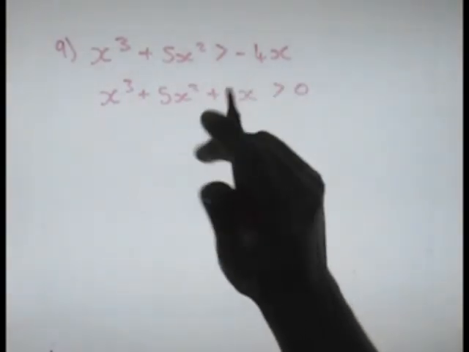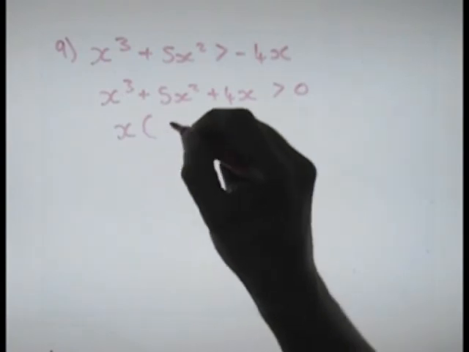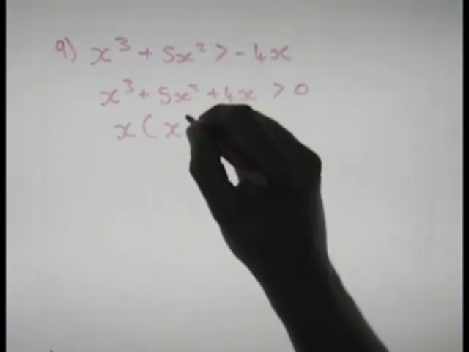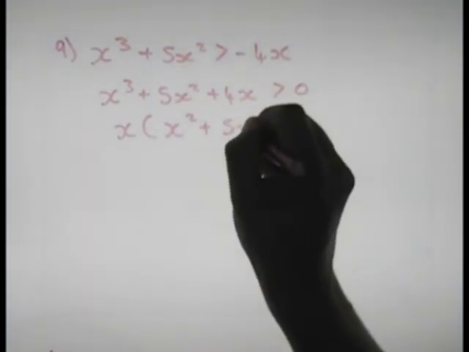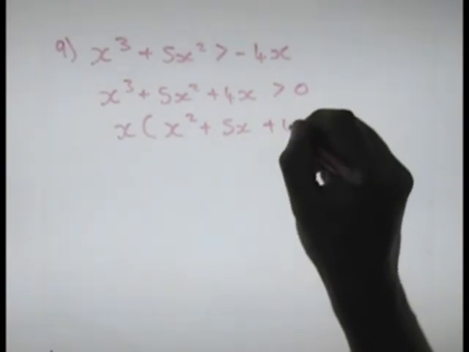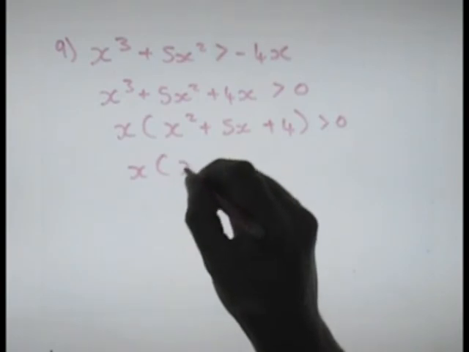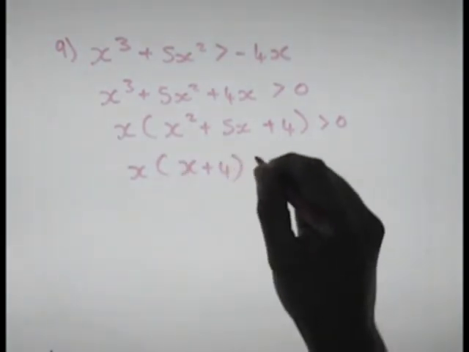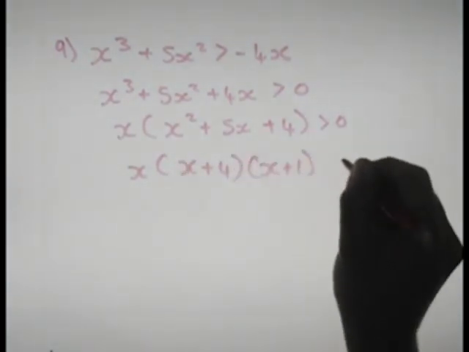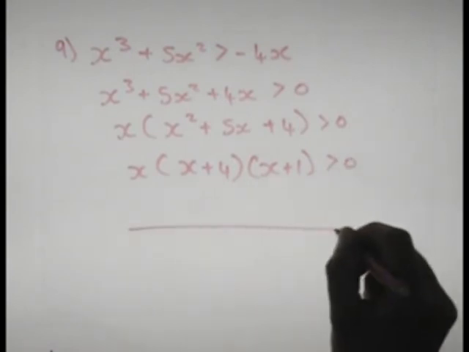Take out a common factor of x. That means that this is going to be x times x squared plus 5x plus 4 is greater than 0. This is going to factorize to form x times x plus 4 times x plus 1 greater than 0.